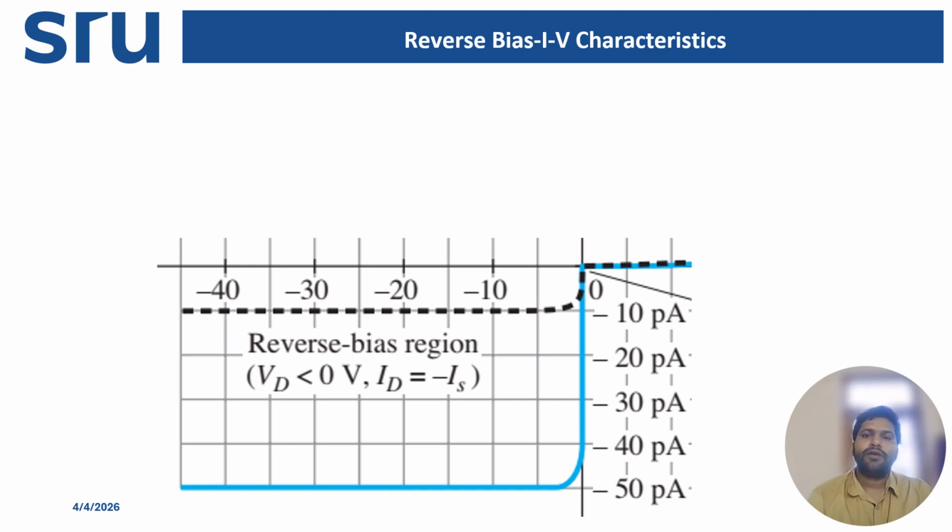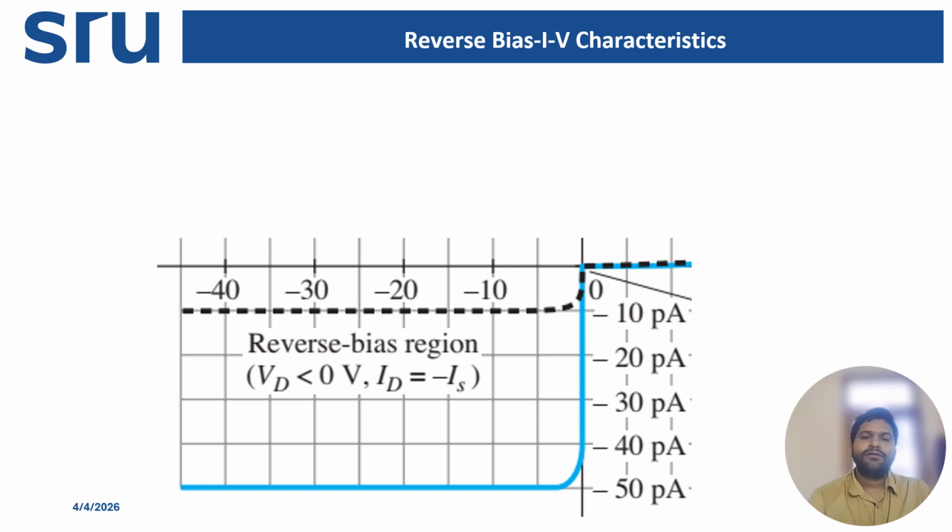This small current is called the reverse saturation current. As important points, it is of very small magnitude. It remains almost constant even if reverse voltage increases. It increases with temperature. This region appears as a nearly flat line in the IV curve.